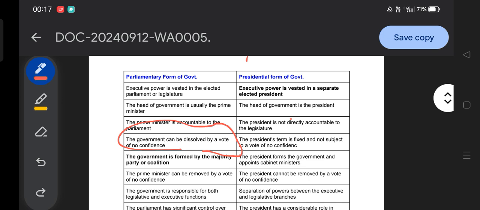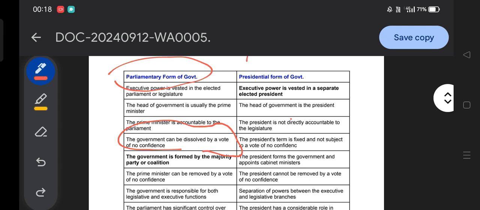So the vote of no confidence is an example of the parliamentary form of government. So the government can be dissolved by the vote of no confidence.